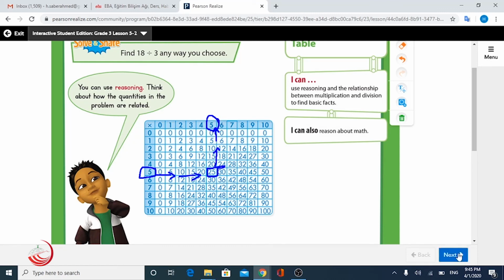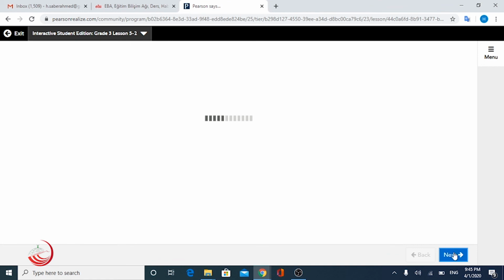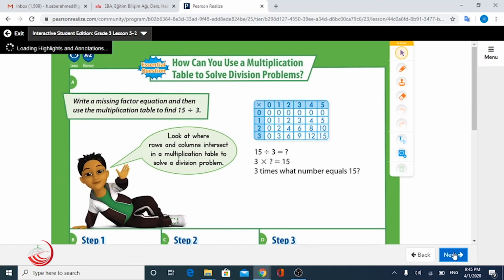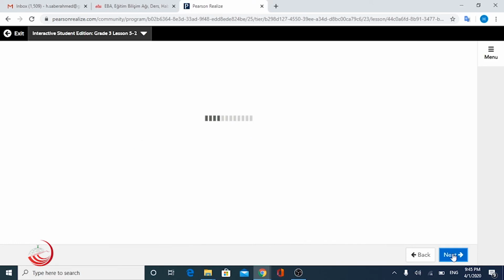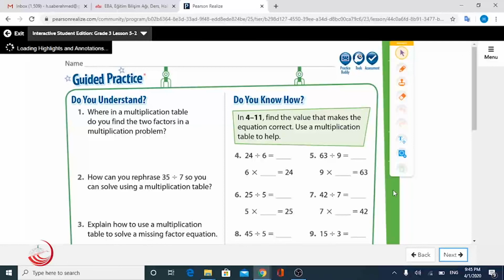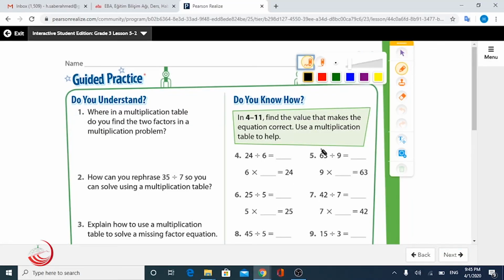So the answer is 25 divided by 5 equals 5. Five times 5 equals 25. 25 divided by 5 is equal to 5, because the factor here is the quotient there.